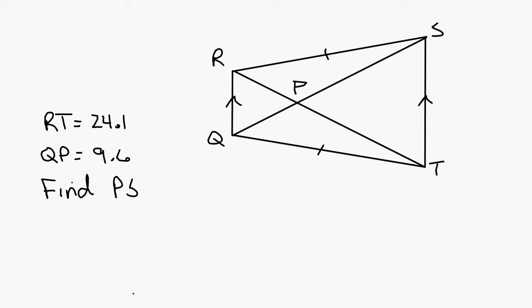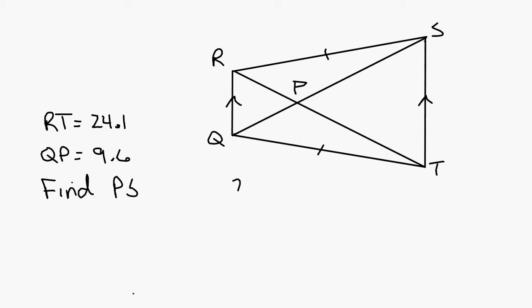So now, like we just said, if the legs are congruent, then the trapezoid is an isosceles trapezoid. If it's an isosceles trapezoid, then the diagonals are congruent, which means that QS is equal to RT. So what does QS have to equal? 24.1.